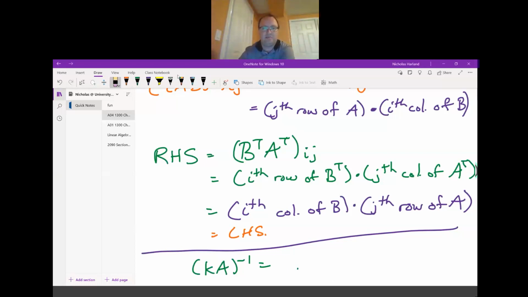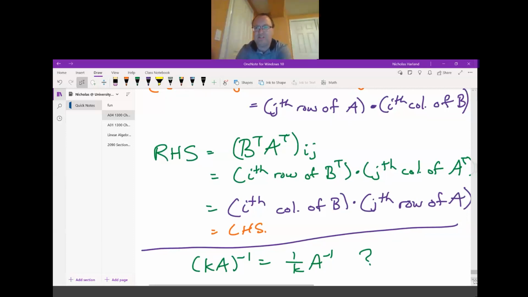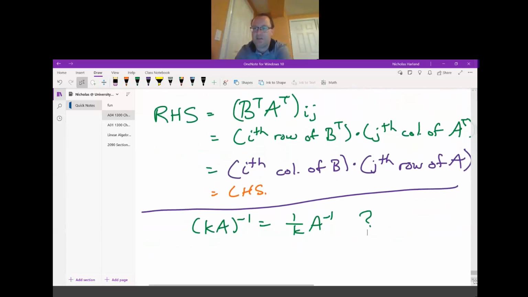A few people are answering that this appears to be 1 over K times A inverse. Okay. Right. So, if 3 people out of 140 people are saying that it's equal to this, it must be true. Anyone want to come up with a reason for this one, or maybe a different possible answer?